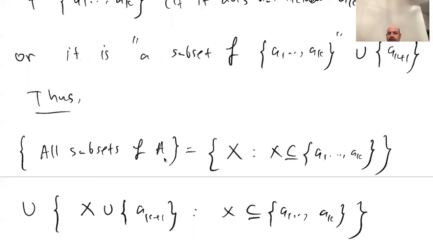Any subset of A is either a subset of A1 to Ak, in the case that the subset does not include A_{k+1}, or it's a subset of A1 to Ak union A_{k+1}, in the case that the subset includes A_{k+1}.